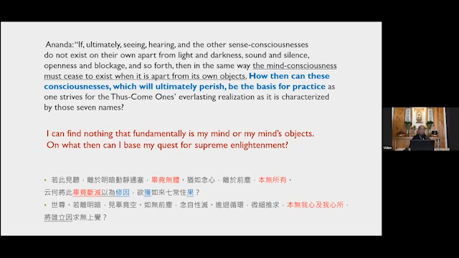So on what then can I base my quest for enlightenment? When there is no subjective mind and objective object, how can I reach enlightenment? Nothing happened. That's what a lot of practitioners state, and a lot of beginners question.